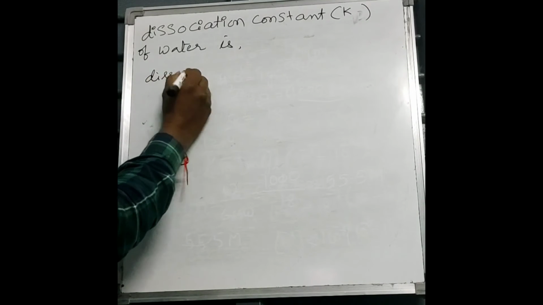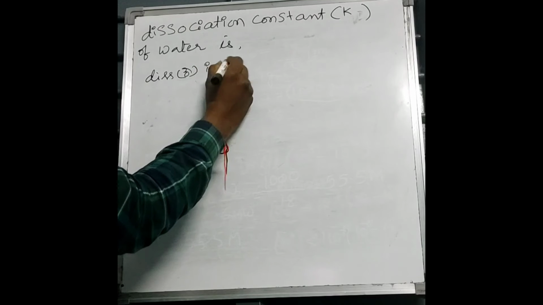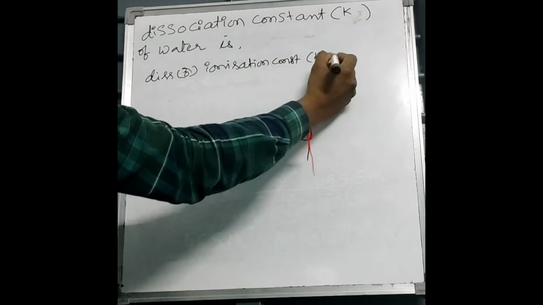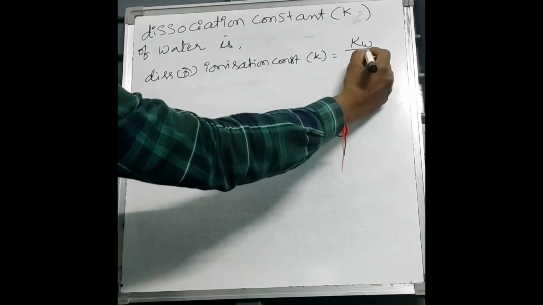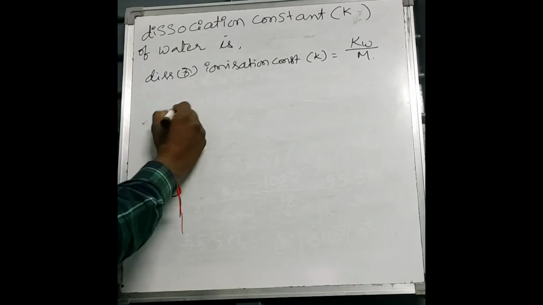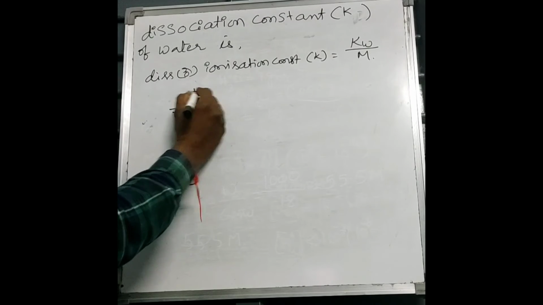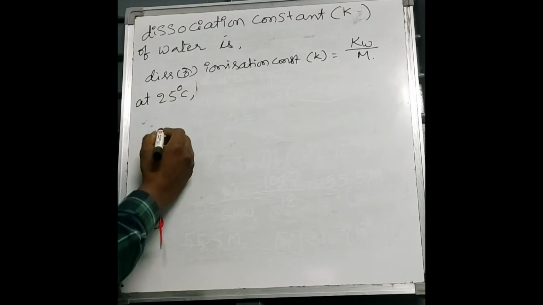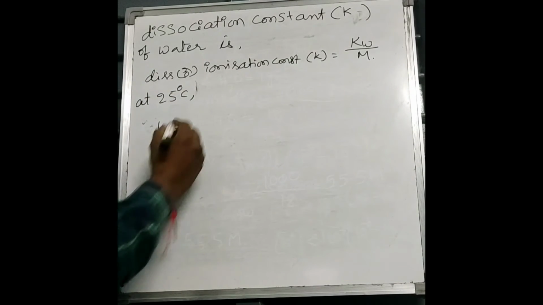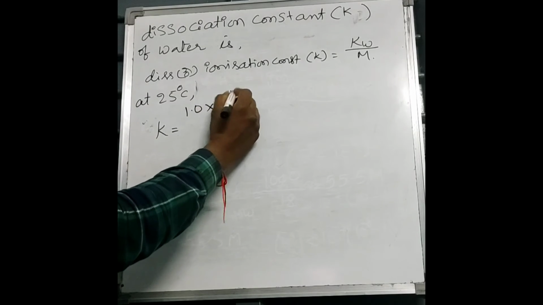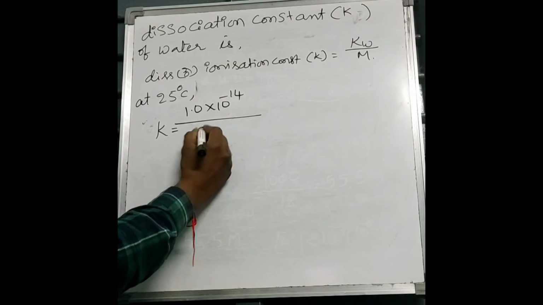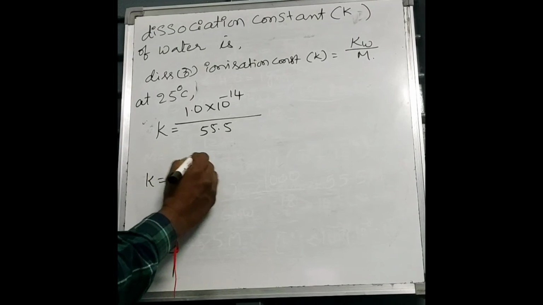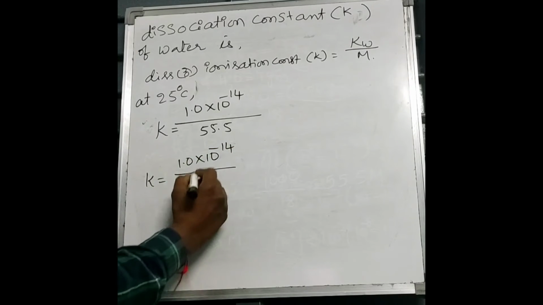K equals Kw by molarity of water. What is Kw? We know at room temperature, or at 25 degrees centigrade, the Kw value is 1 into 10 power minus 14, divided by molarity, which is how much? 55.5. We also write it like this, 1000 by 18.